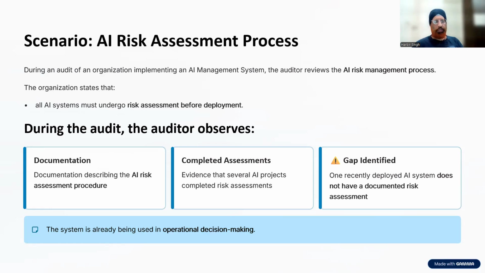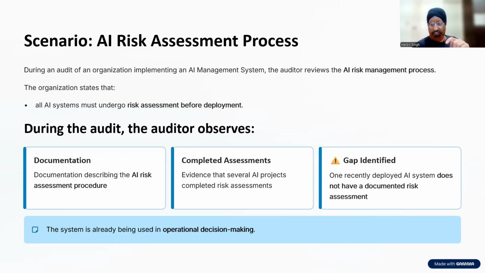The organization states that all AI systems must undergo risk assessment before deployment. That is the requirement coming from the client side, whose AIMS we are evaluating through the audit process. During the audit, the auditor observes.